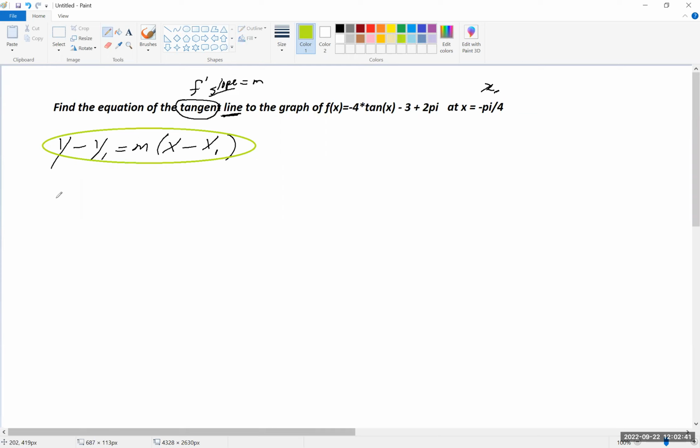All right, so to find f prime, I need to find the derivative of this piece first.